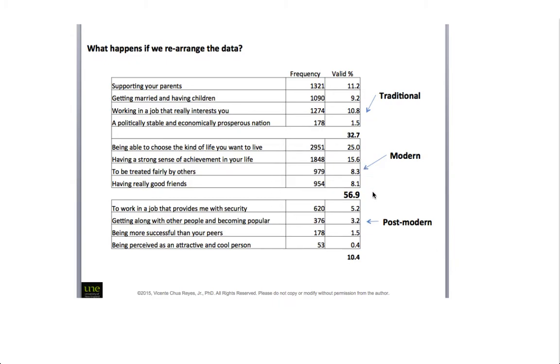So if you take a look at this table, based on our 30,000 or so respondents, most of them embrace modernist notions of life goals and aspirations. This is followed by those who still embrace traditional life goals and aspirations, and very few embrace postmodern life goals and aspirations. Interesting. My goal in presenting this data is to, again, prompt you towards reflection and action, to be surprised.